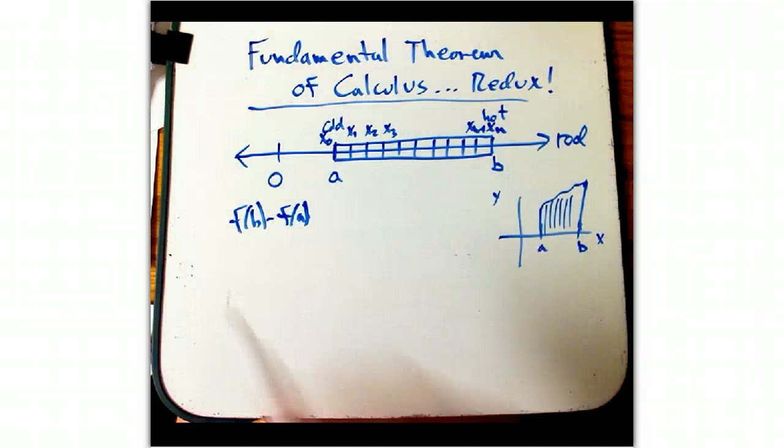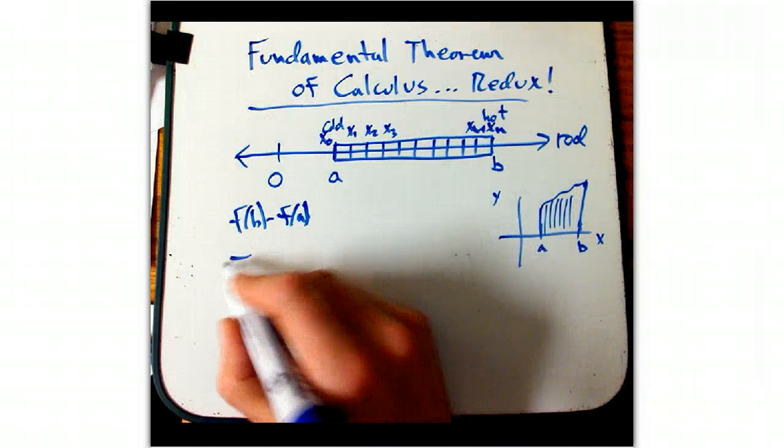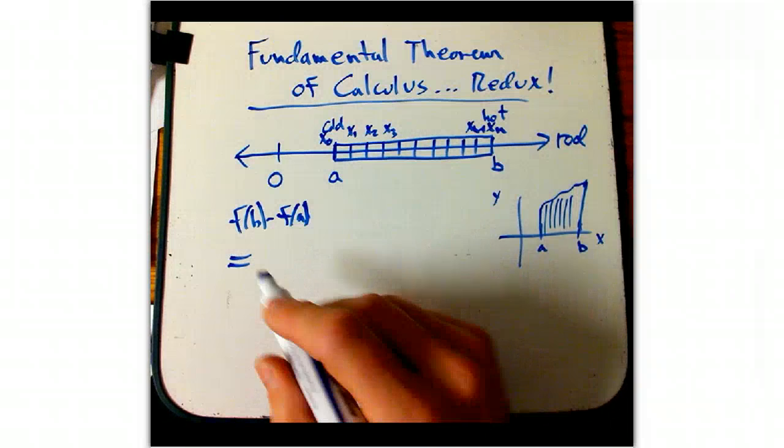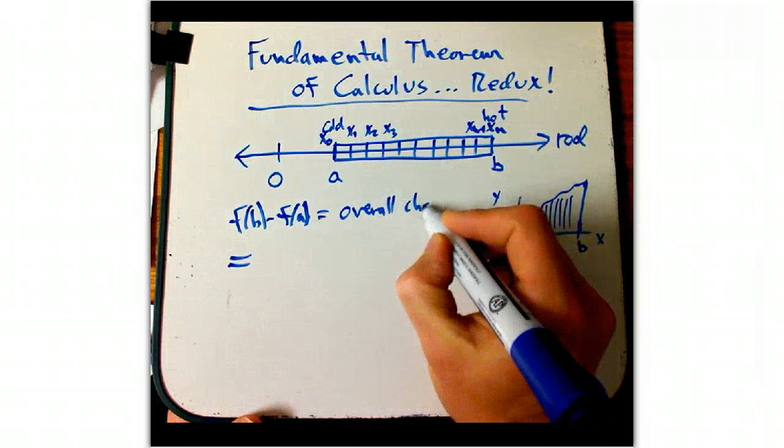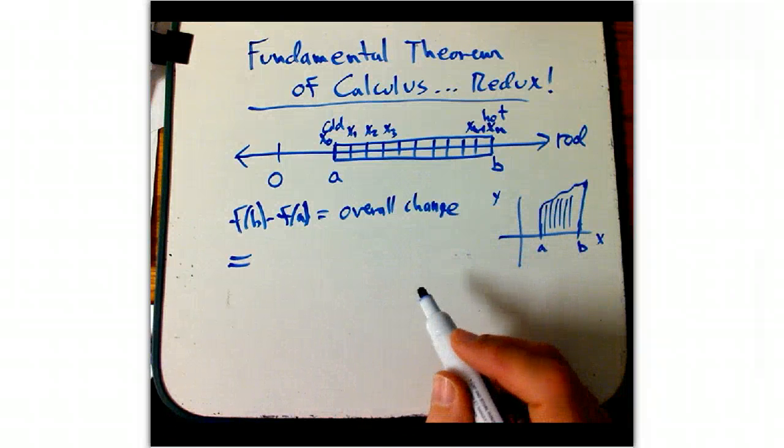I just want to look at f of b minus f of a, and I want to calculate it in a sort of gloriously stupid way. This is the overall change in the function.